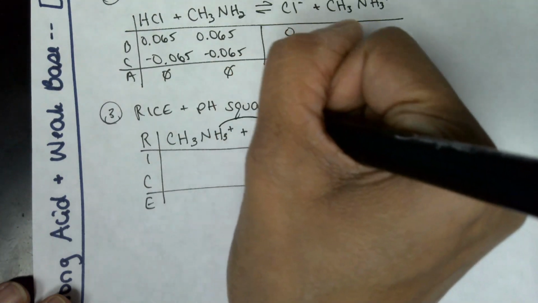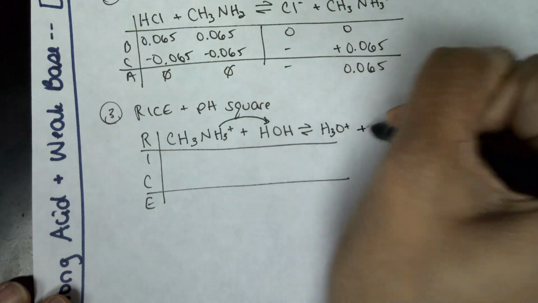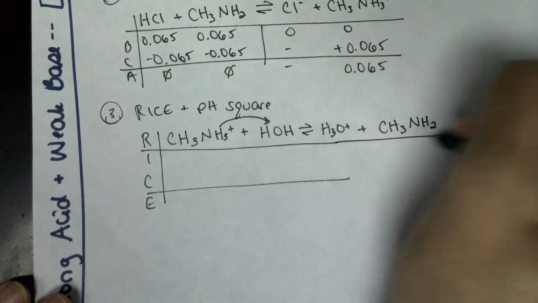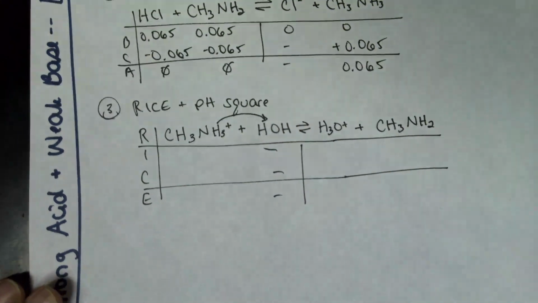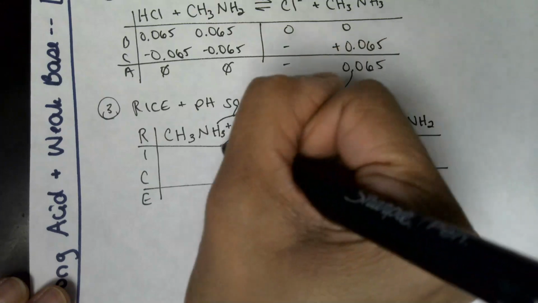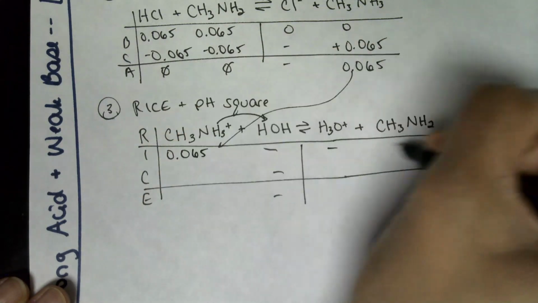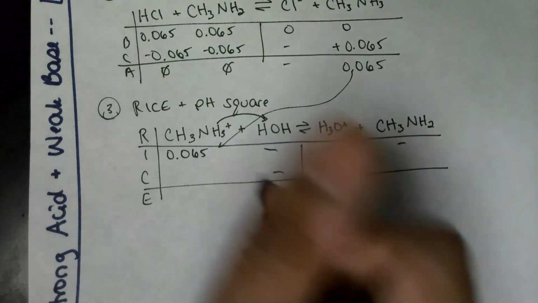This extra H plus is coming over here. So I have H3O plus and CH3NH2. Water is not in our equilibrium expression, so we do not need that. I am taking this and bringing it over here. 0.065. I don't have any initial of either one of these two because I'm reversing the equation right now.